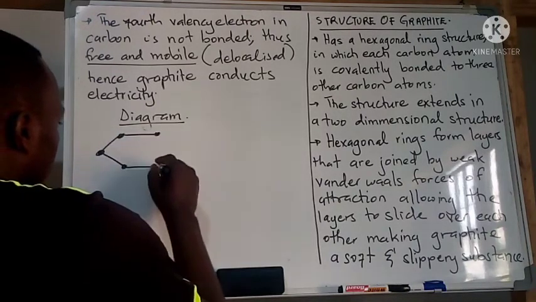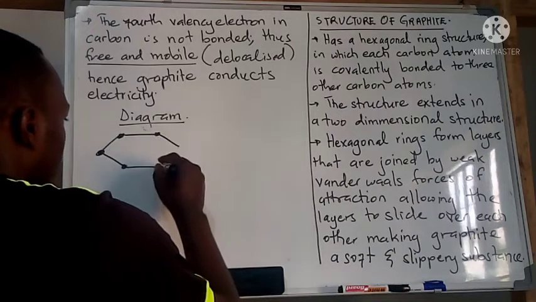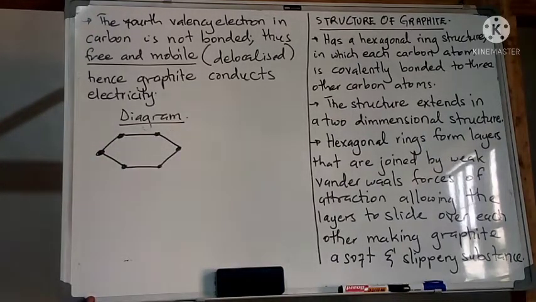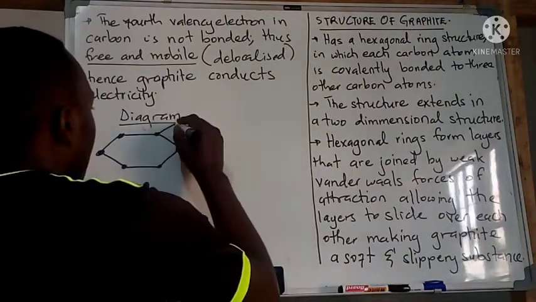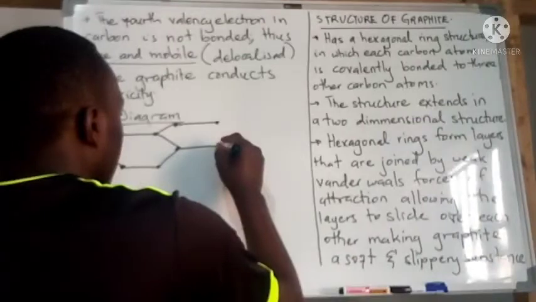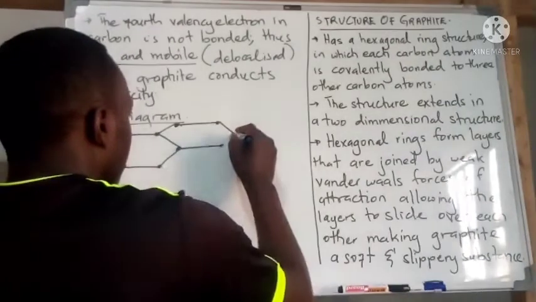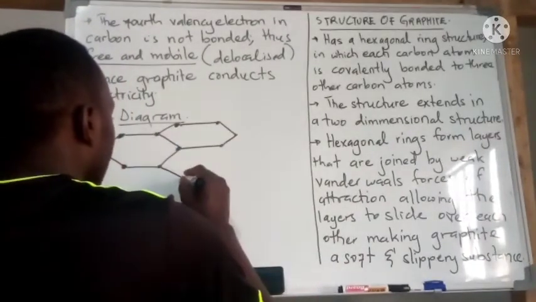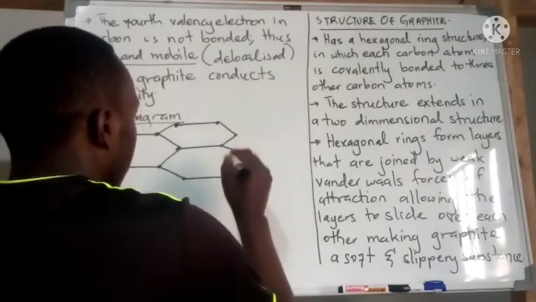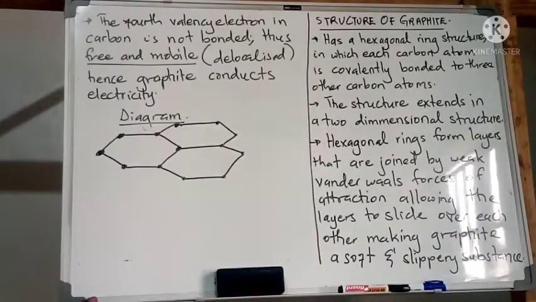So the carbon atoms combine with each other, forming hexagonal rings. These hexagonal rings are connected in such a way that each carbon atom is bonded to 3 other carbon atoms.